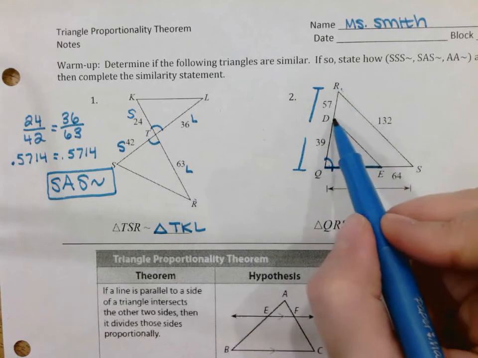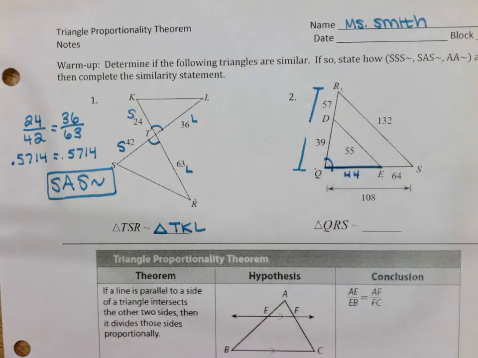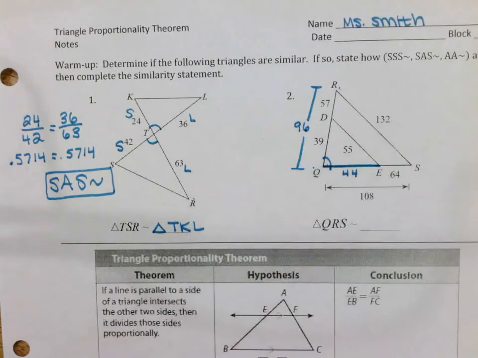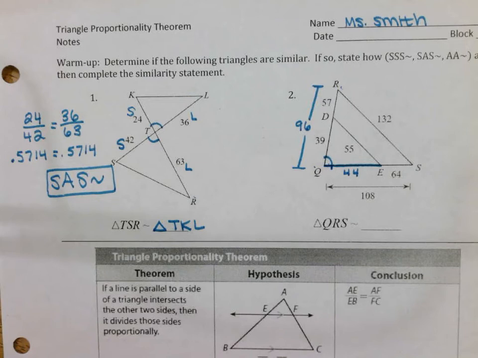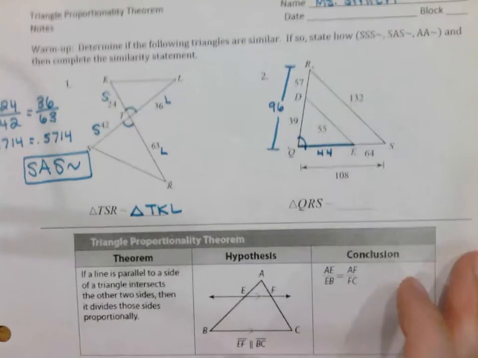I know that piece is 57, that piece is 39. So obviously if I add them together, it's going to give me the whole side length. So that's going to be 96. Okay, so now I have all 3 sides of both triangles. So I'm going to test side, side, side. Because if side, side, side works, then by the same reasoning, side, angle, side would work the same way.